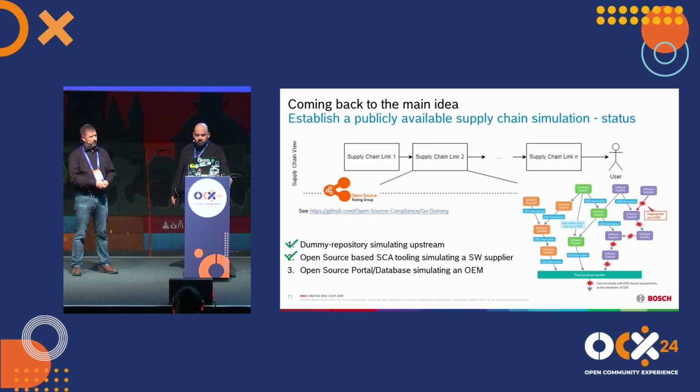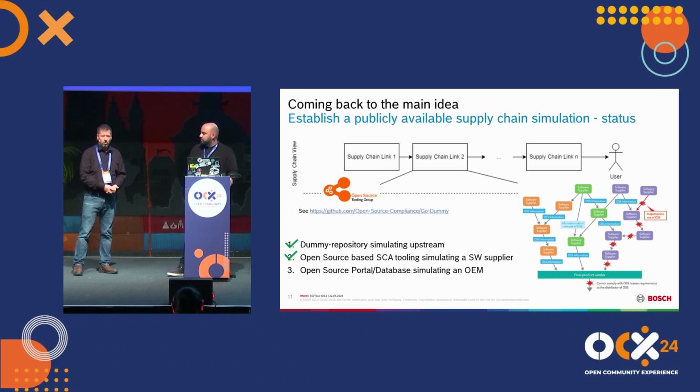And so here, ticking the second box, with this we simulate the supplier, the software vendor in the middle, right? Coming from the upstream dummy repository that is reused, that creates a derivative work that we will simulate. Then you use this SCA tooling or any scanner on top of it. And that leaves us the third point.